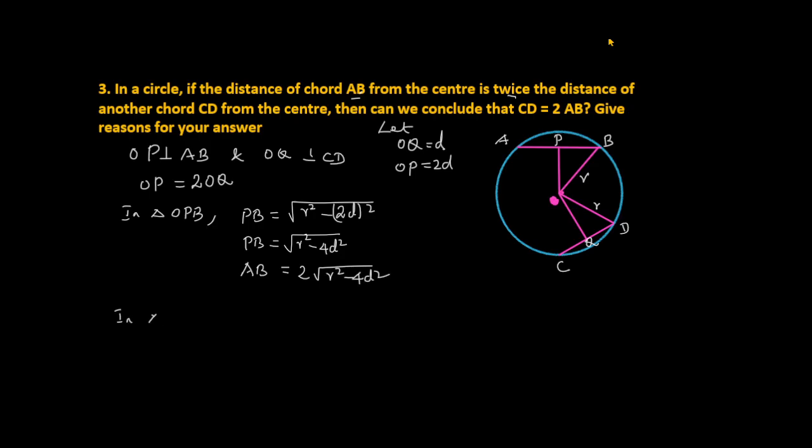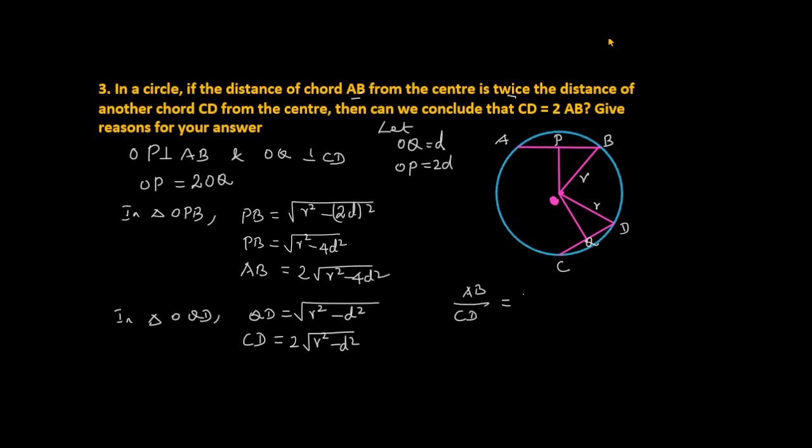Next, in triangle OQD, the length of QD is equal to the square root of R squared minus d squared. So the chord length CD is equal to twice the square root of R squared minus d squared. If we find the ratio AB divided by CD and get the constant 2, then the given condition is correct.